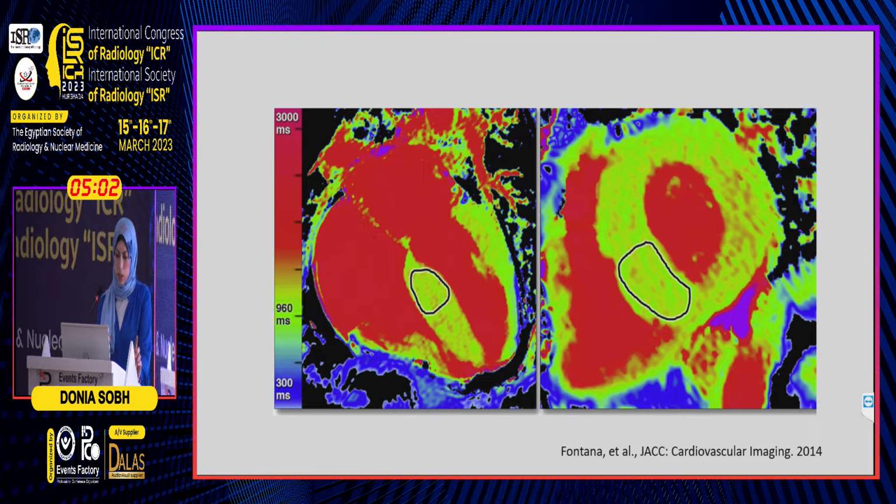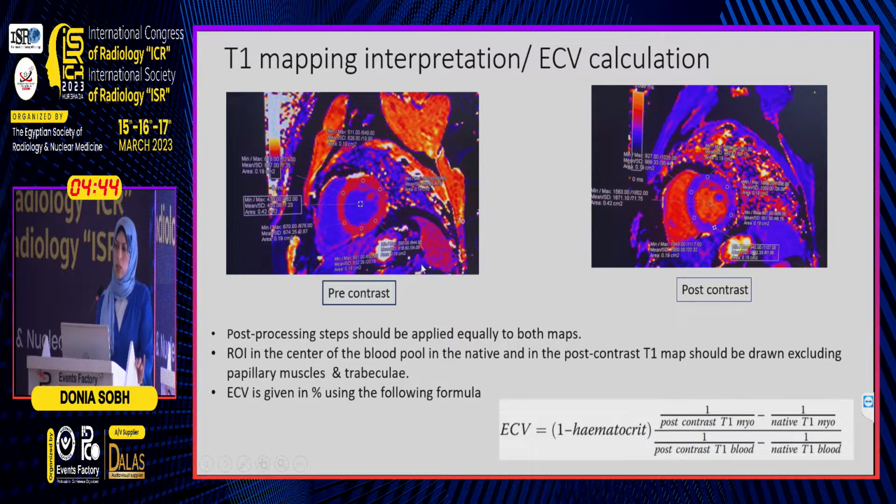So this is the quantitative method. We have quantitative and qualitative methods. This is how we quantify it. We can draw an ROI at any place if we want to see the value at a specific spot. Or we can get the mean value. It depends on which type of software you have.